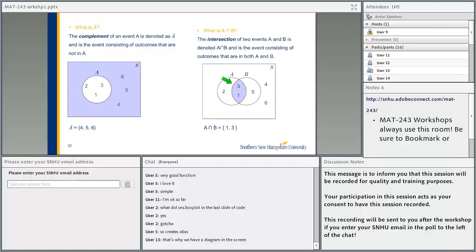That would be the middle overlapping part in our Venn diagram. So it includes the values 1 and 3. So those are the values that are common to both A and B. The intersection symbol is an inverted U. So A intersection B would be 1, 3.